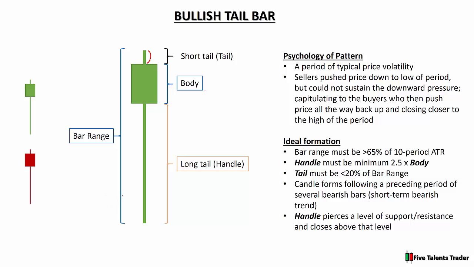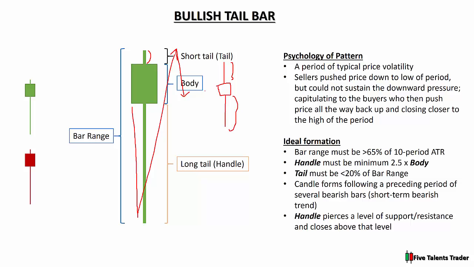Now, why do I say that? Because if you remember, the psychology is that price came down, couldn't sustain the down move, and then got pushed back up with so much pressure. What I don't want to happen as well is that price starts to come back down and close around here. That would have led to having a tail bar that looks like this, where the short tail is kind of long.